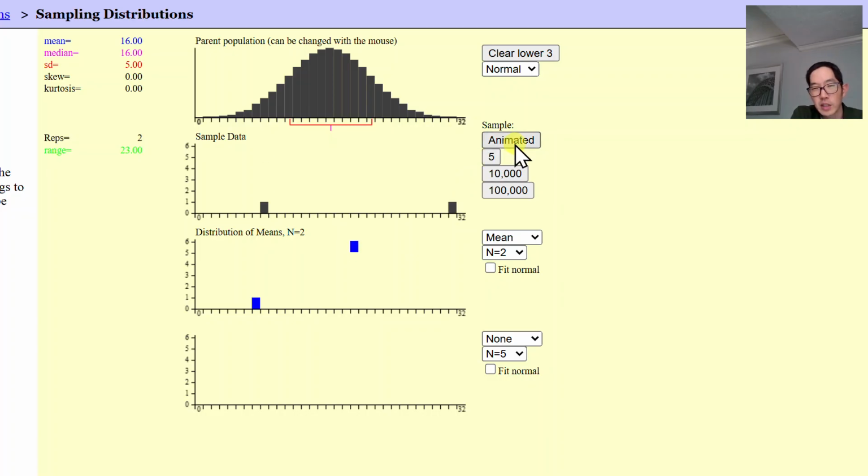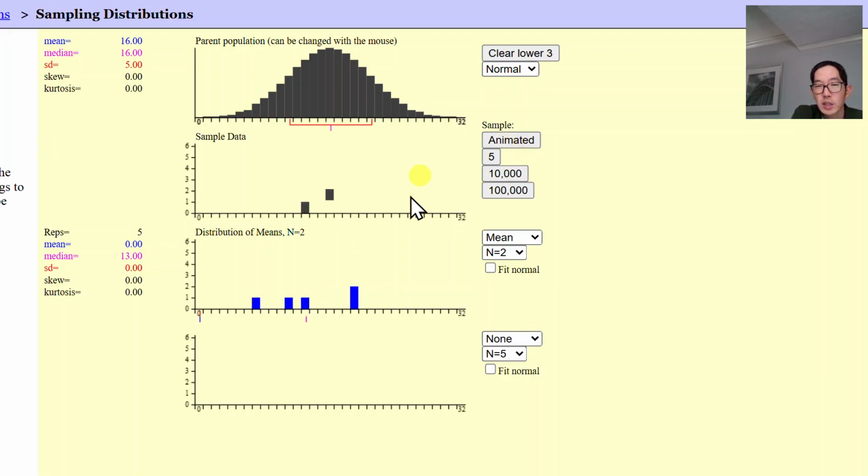Here I got one really high and one kind of low value, and so the average ended up in the middle-ish. But again, it's not going to be too weird to get 2 random values that are high, or 2 random values that are kind of low, and for your average to end up far away.